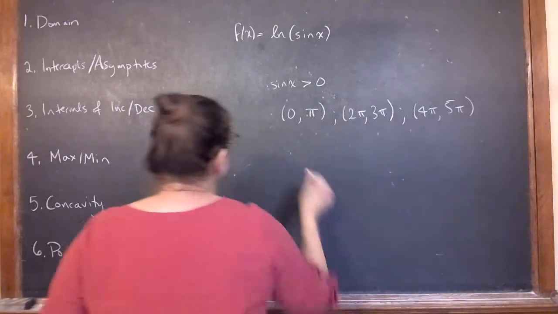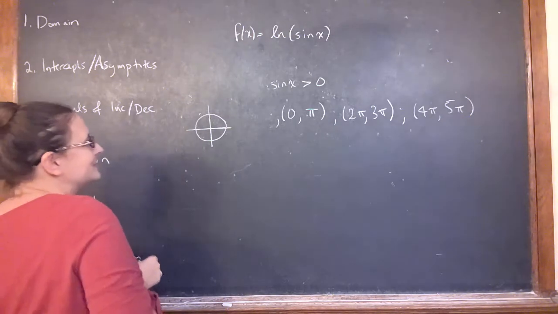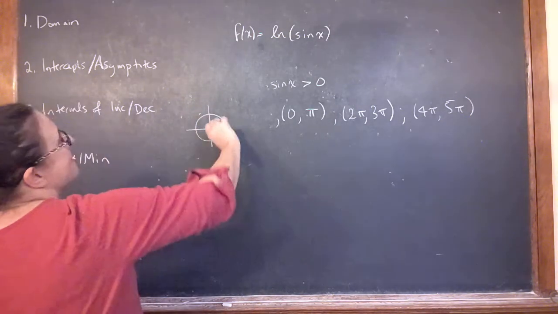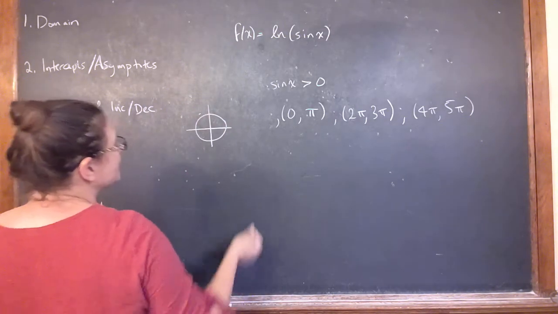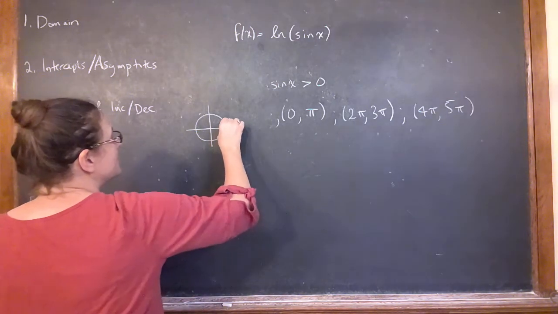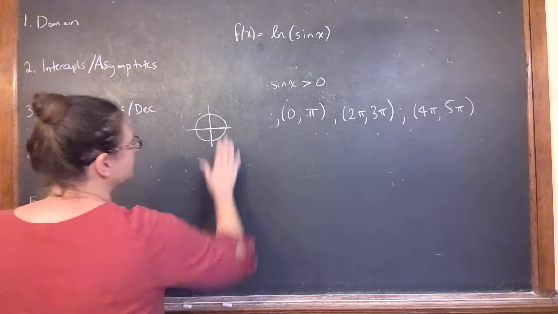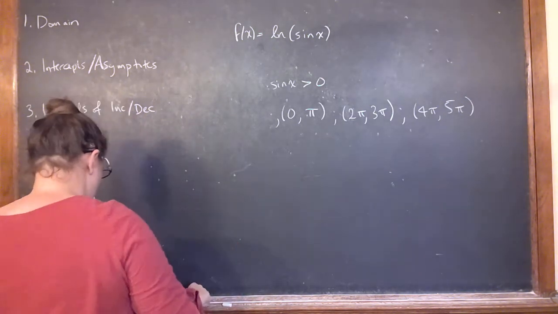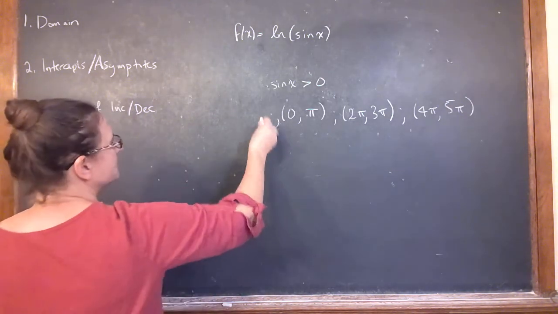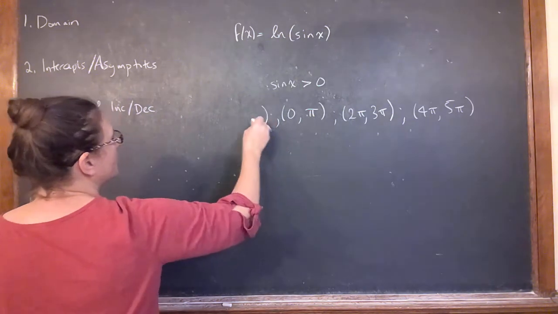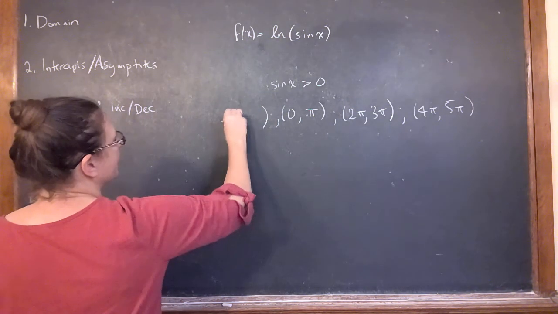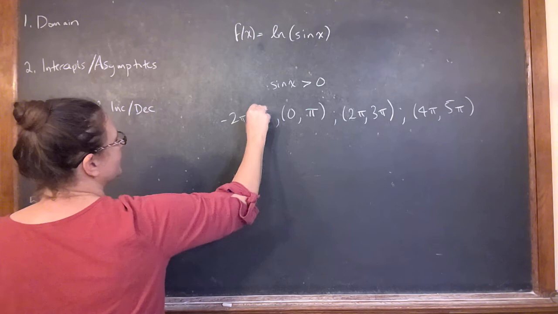And then on the other side, I have to think about possible negative values too. So if I'm going backwards, now my unit circle's in the way. From 0 to negative pi, it's no good, but it would be from negative 2 pi to negative pi.